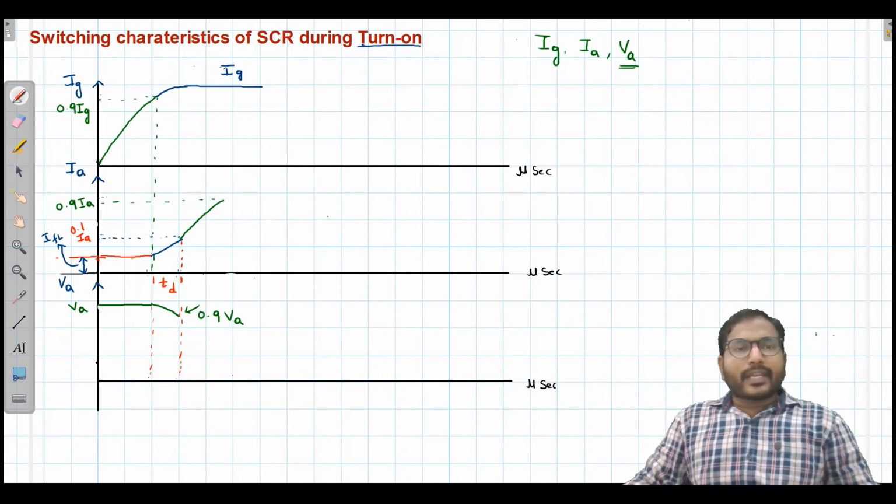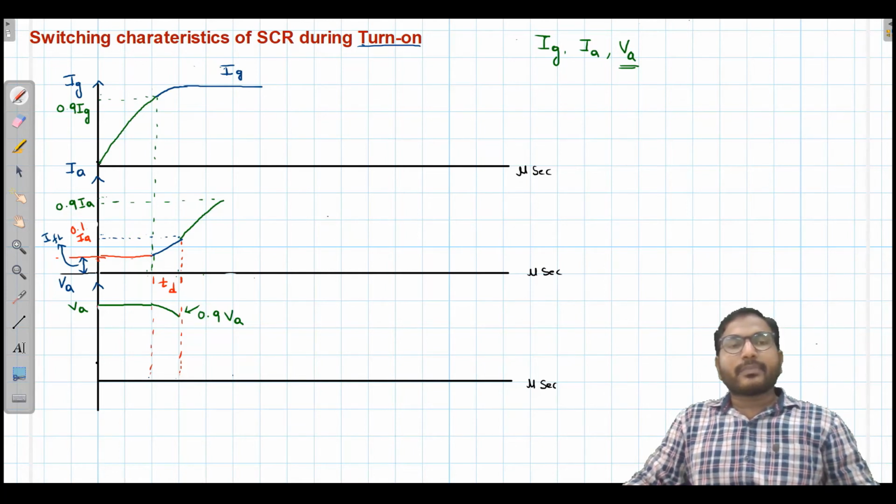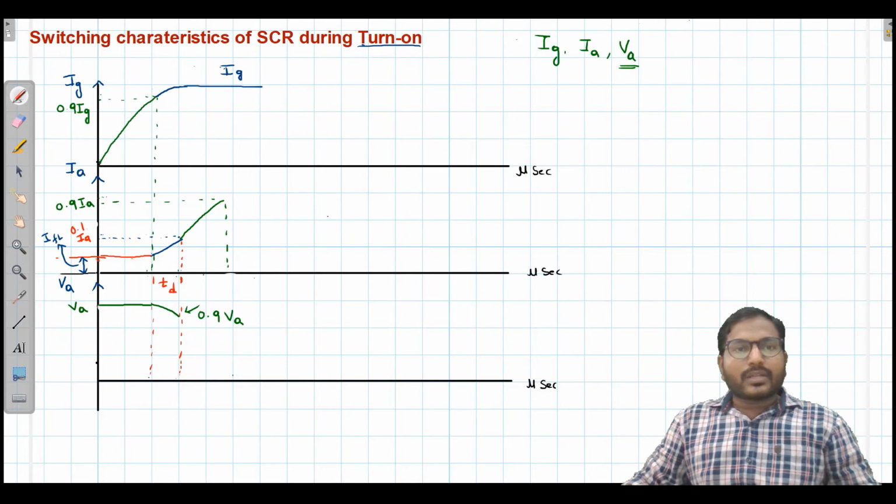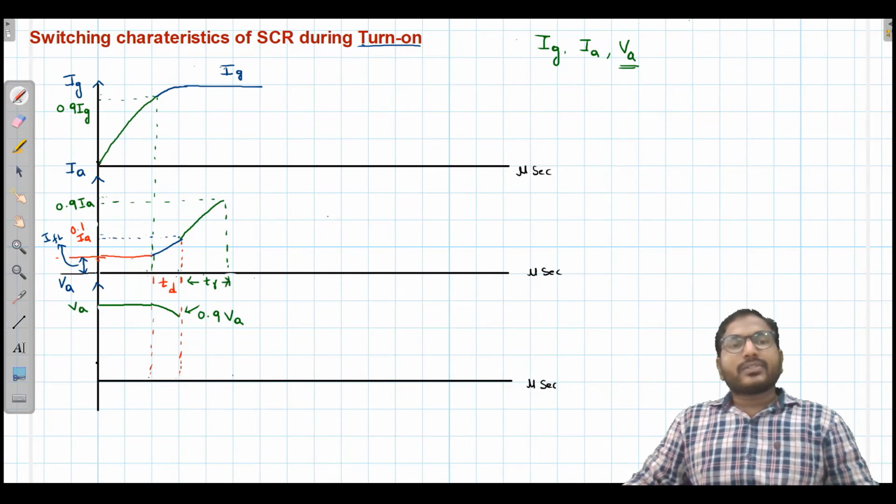So the time taken here from 0.1 to 0.9, that is 10% to 90%, is called rising time. The current is rising from 0.1 to 0.9 times of IA. So this time is called rising time.